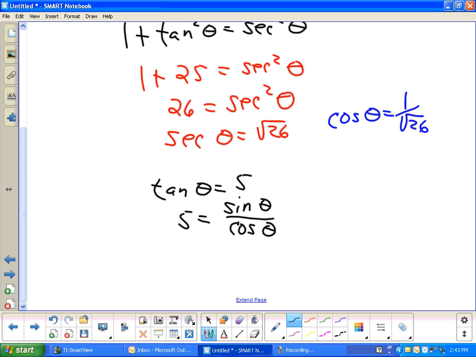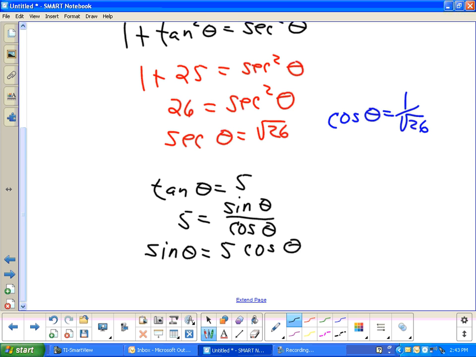Tangent is sine over cosine, and that all equals 5. Furthermore, I can rewrite this to say sine of theta is, just multiply both sides by cosine theta. So you're solving for sine, because I want to know what sine is. 5 times cosine theta, multiply both sides.